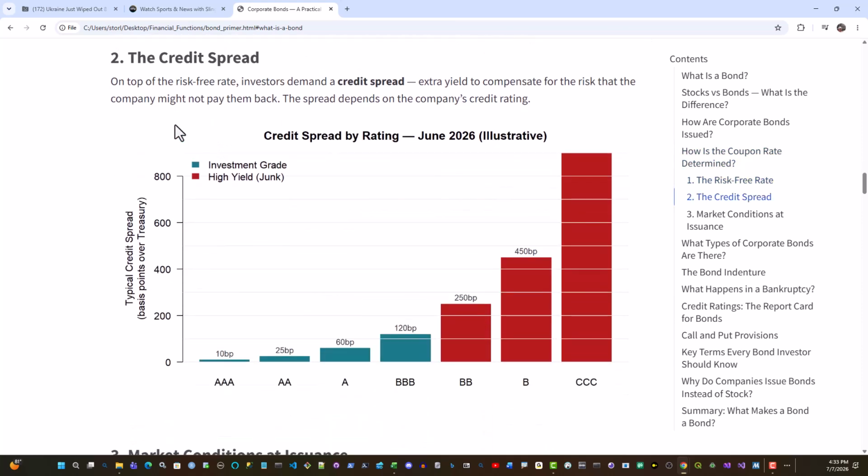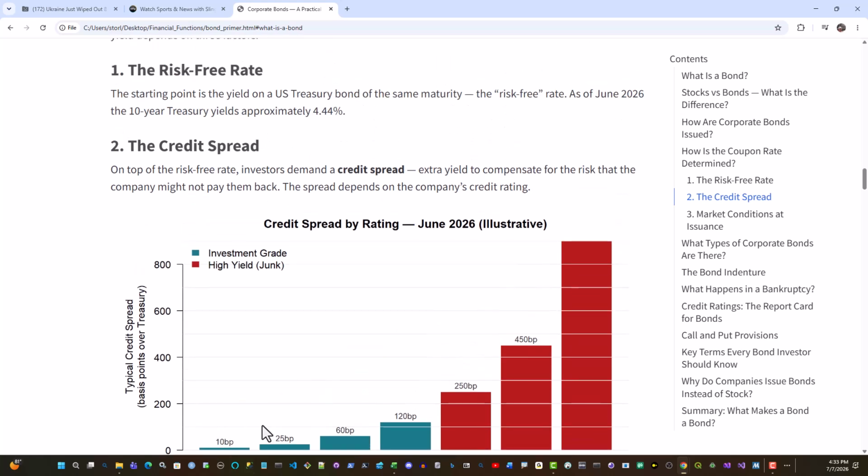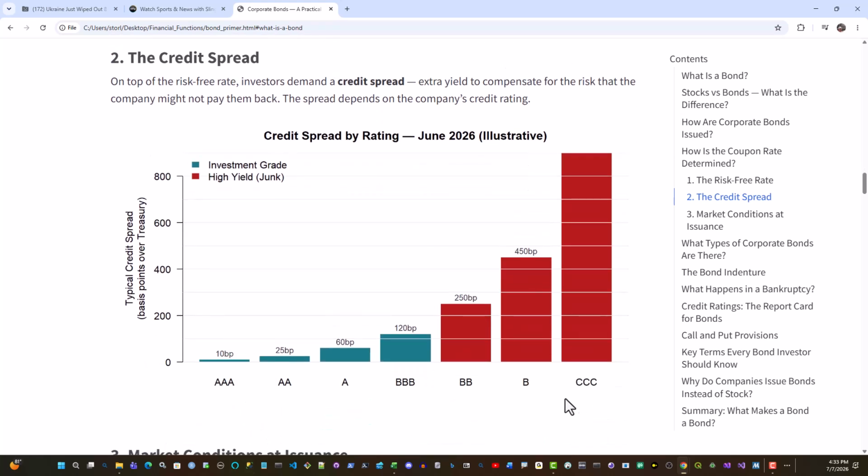And then you have the credit spread, which means you want to compensate for risk. Now, depending on what kind of status you have, what kind of rating you have, from AAA down to CCC, that will determine how much you're going to tag on to that risk-free rate, right? Very high grade, very investment quality, like a AAA, like the Apples of the world or the NVIDIAs of the world. I think NVIDIA will fall there. You might have a AAA rating.